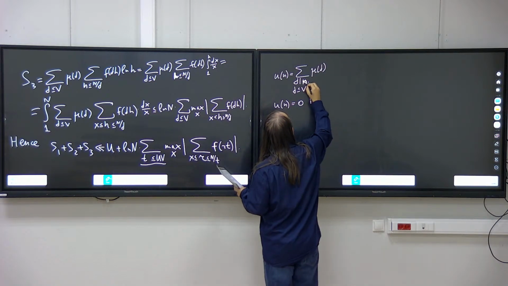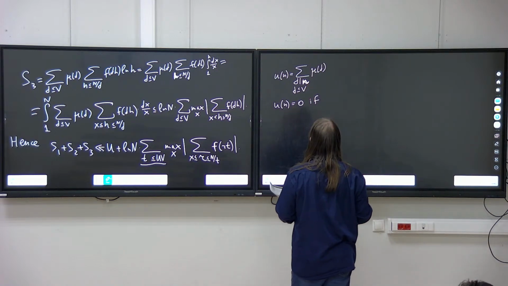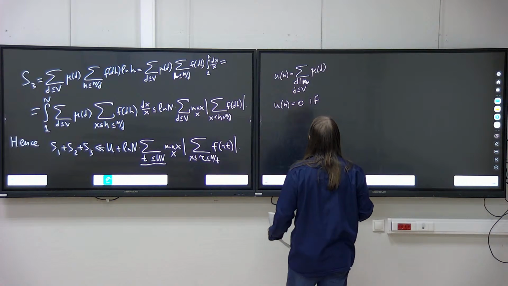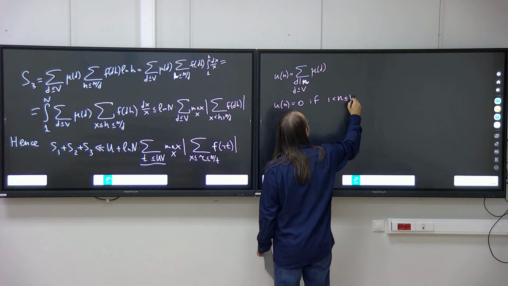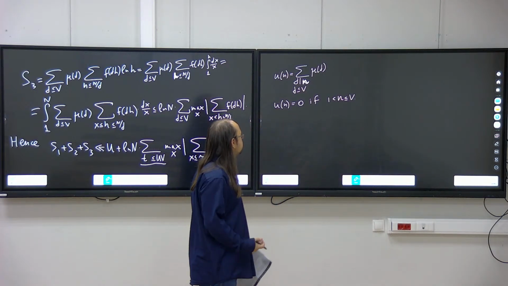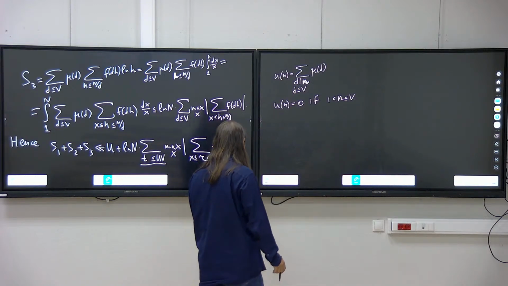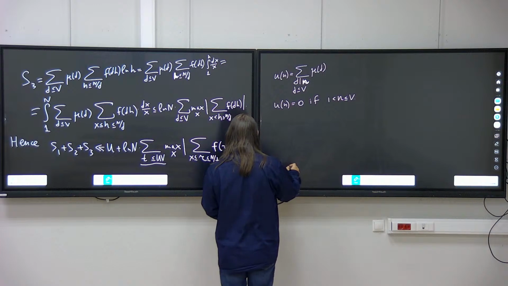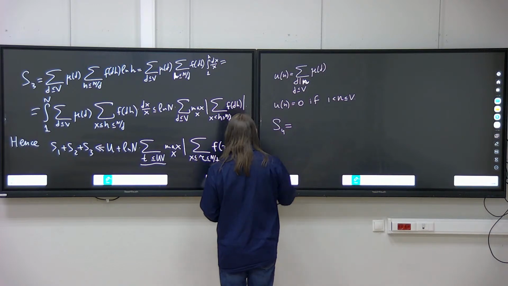It's n, d dividing n. Sorry for that. So if you take this u of n, then u of n is equal to 0 if n is greater than 1 and less than or equal to v. Right? This is just the Möbius inversion formula. So this allows one to rewrite S4 as follows.